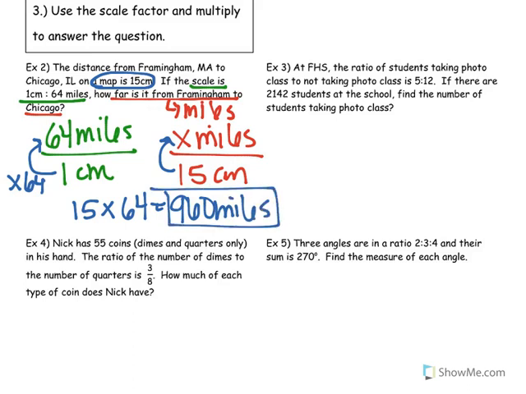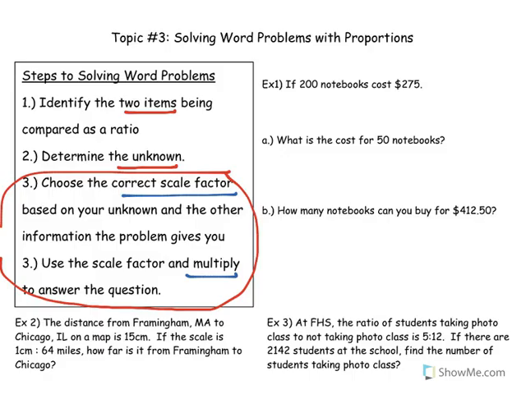Okay? So that's what I mean in those steps when I say a scale factor. However, sometimes a scale factor is really hard to find, and it might not be the most efficient method to actually solve. Let's look at example number 1, okay?